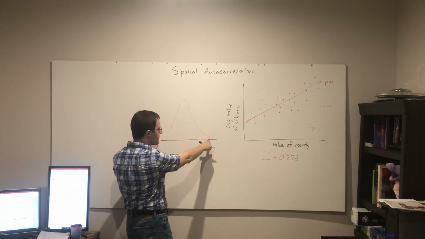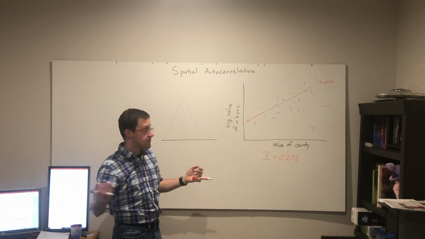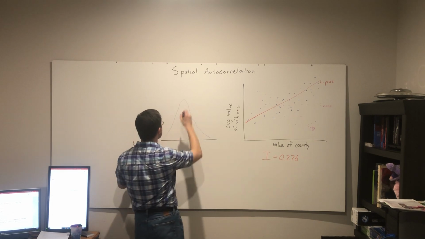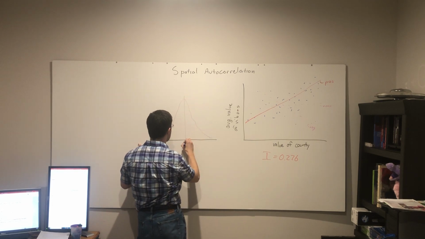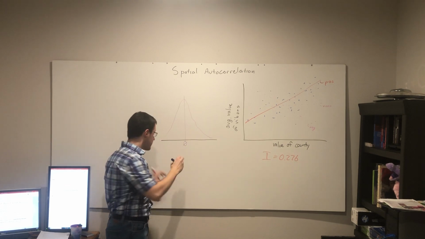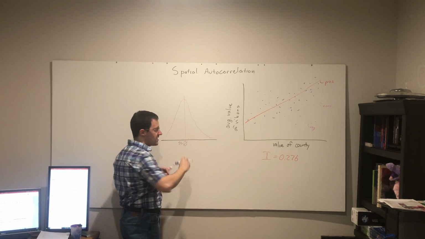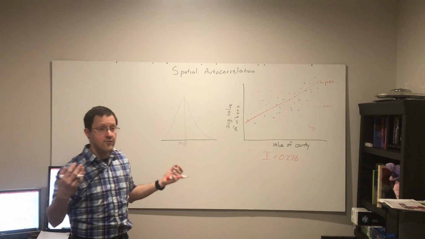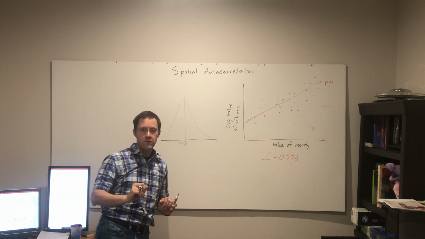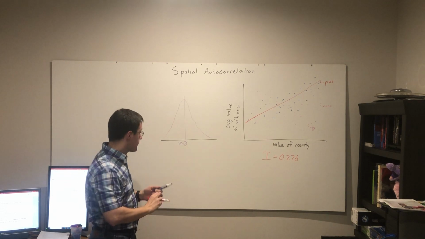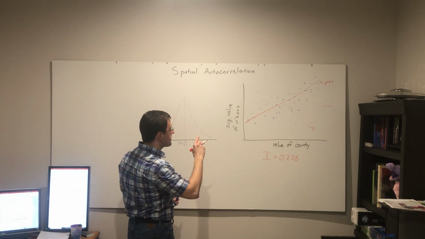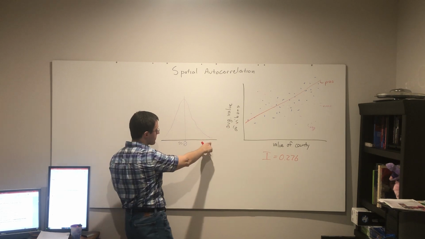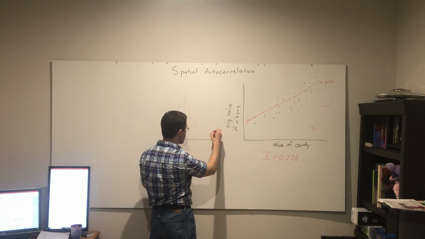The ends are a little bit fatter than a normal distribution would be. It's going to be centered somewhere in the general vicinity of 0. Again, because it's random data, not a perfect mathematical formula, it's not going to be exactly 0, but it's going to be close. Then I find where in this histogram 0.276 lies.